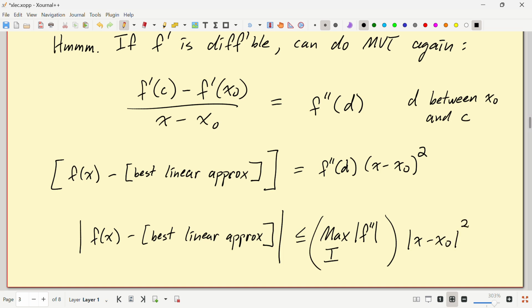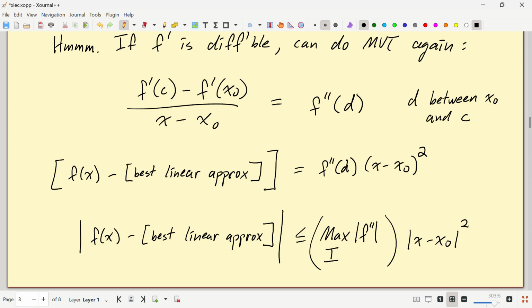Okay? That's kind of a typical use of the mean value theorem to estimate errors. So if somebody asks you, well, that's a good linear approximation, how good is it when I'm a little distance away? This allows you to estimate the error. And it's useful if you're doing numerical analysis. Also, when you're demonstrating certain facts about differential equations.